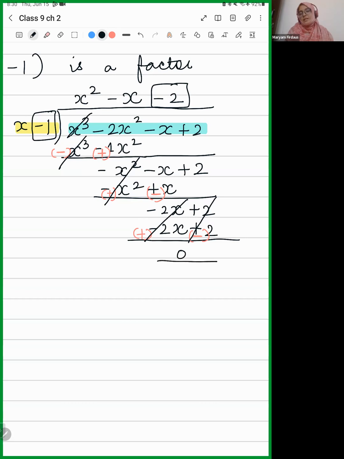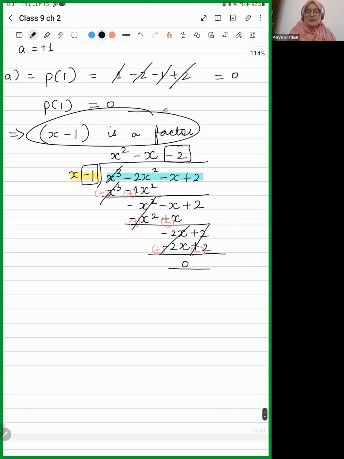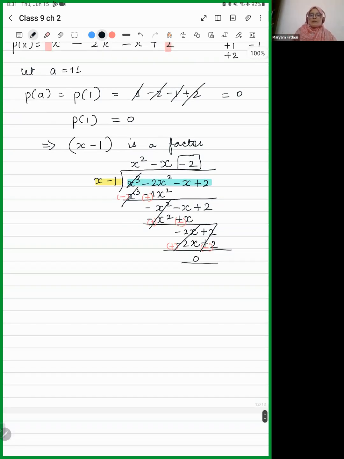The remainder was obviously going to be 0 because x minus 1 is a factor. And what did we see? That if something is a factor, then the remainder will be 0 when we divide that number by the factor. So we understood now that your p of x, which is this cubic polynomial, can be written as x minus 1 multiplied by this quotient polynomial.